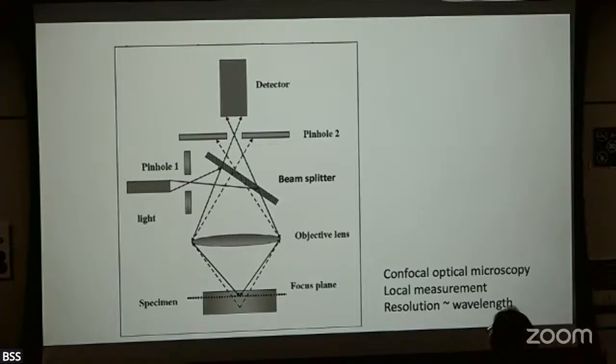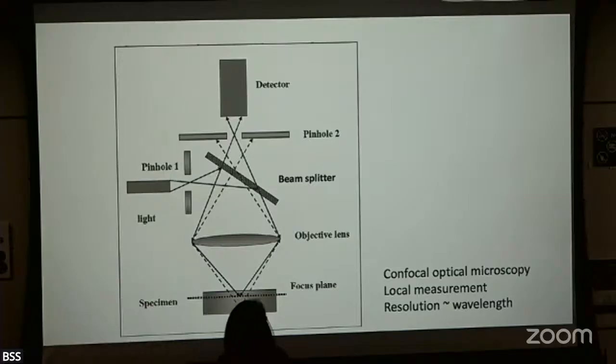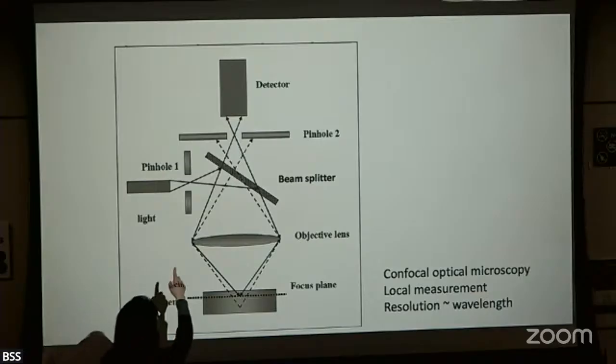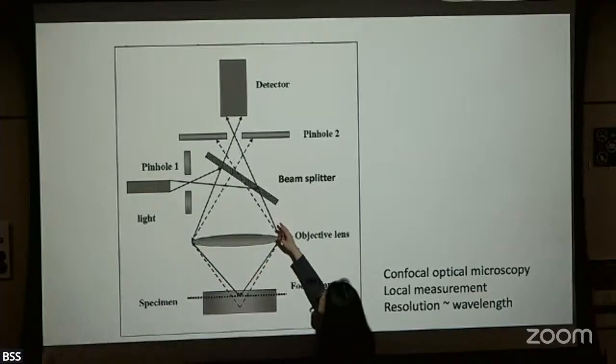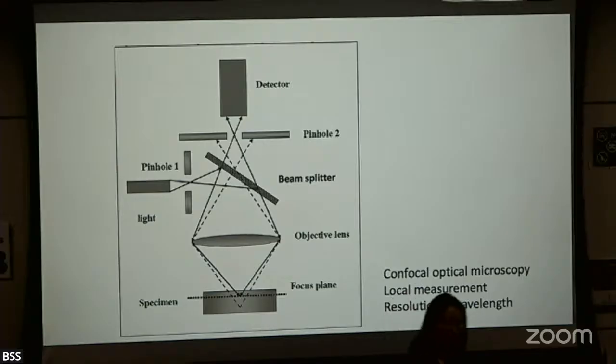So the setup is pretty straightforward. You have some kind of a light, it could be a laser, it could be just a lamp. It goes through a pinhole. So now you make it a point source, right? And then it hits a beam splitter, and part of the beam is reflected, and you use a microscope objective, for those of you who have seen them from biology, something really big.